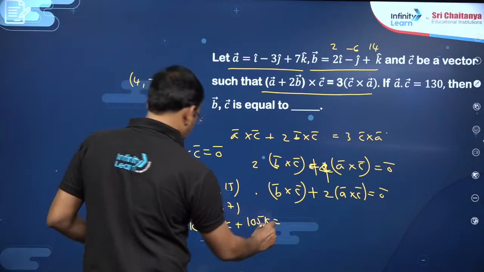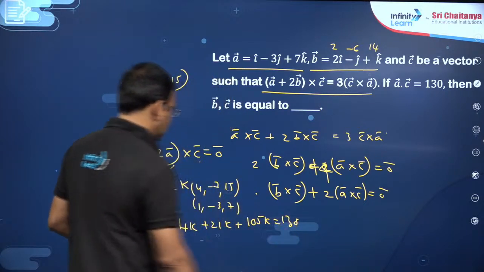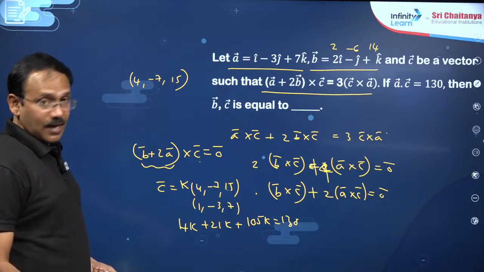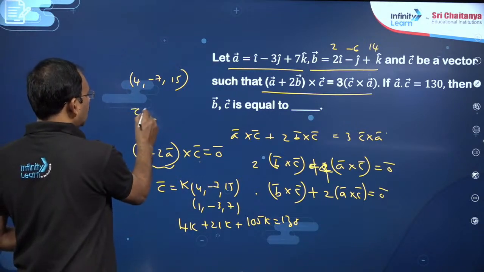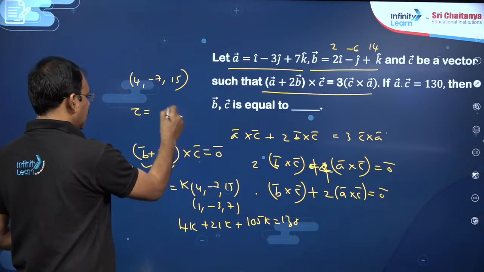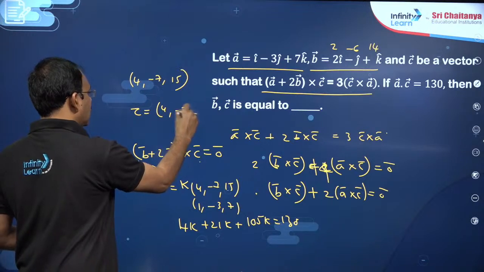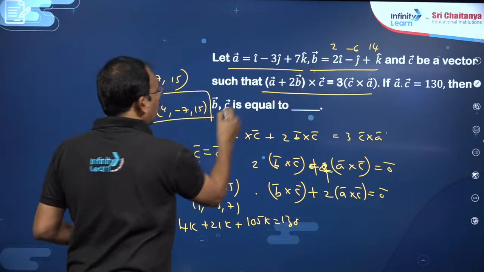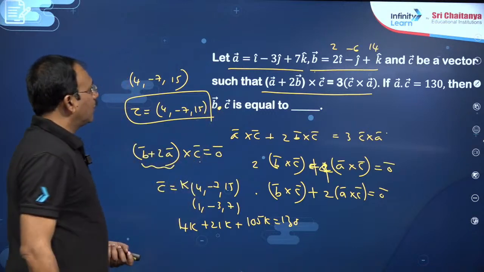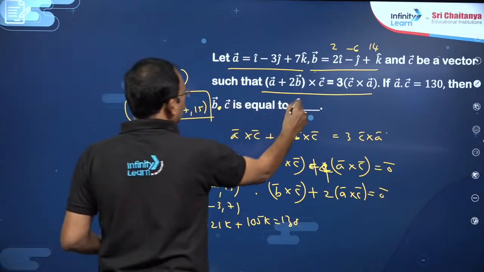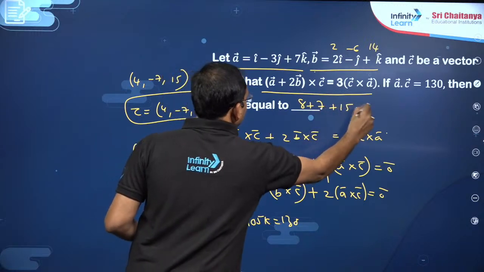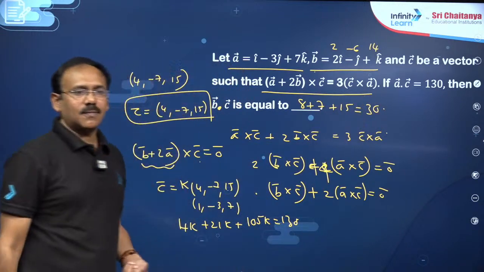This must be equal to 130, my dear friends. 105 plus 25 is 130, K is 1. Therefore, we got C bar is nothing but 4 minus 7, 15. Now you know C bar. B dot C he is asking. B dot C means 4 into 2, 8, plus 7, plus 15, 30 is the answer. That's all, my dear friends.